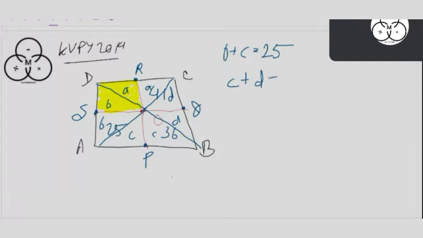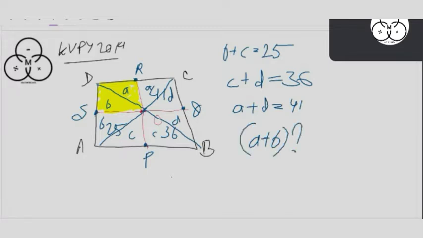There is a triangle 36, and A plus D equals 41. Simply add and then subtract one equation. We need to find A plus B. We need to find this. If we add them, then C and D will appear twice.